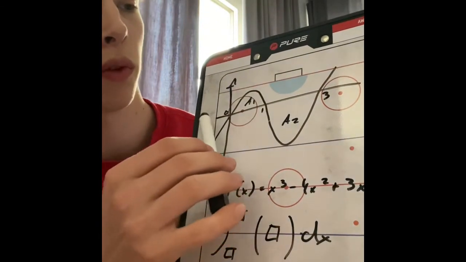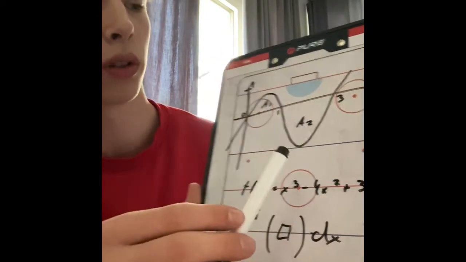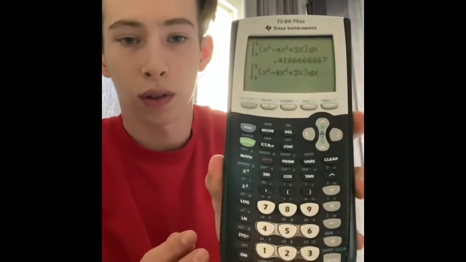The intersections with the x-axis are really important, and you will be using those. So we put in, as the smaller x intersection, 1, and as the bigger one, 3, because the area is right between there. And we will plug in the same function again.